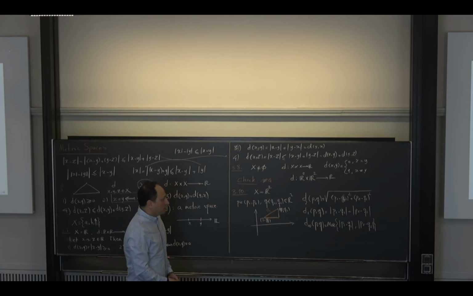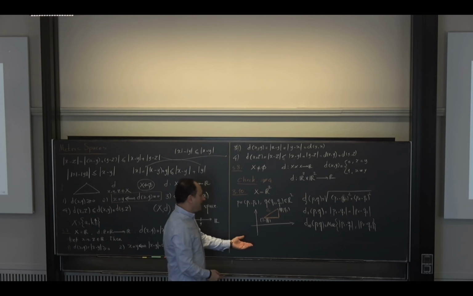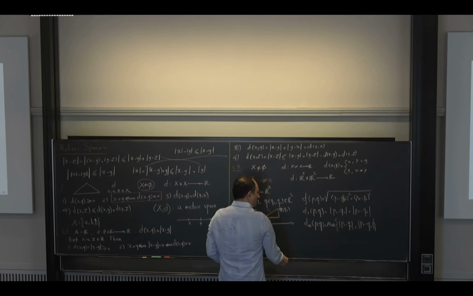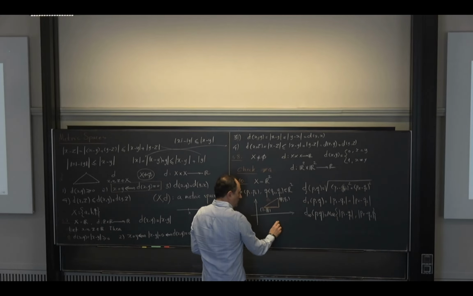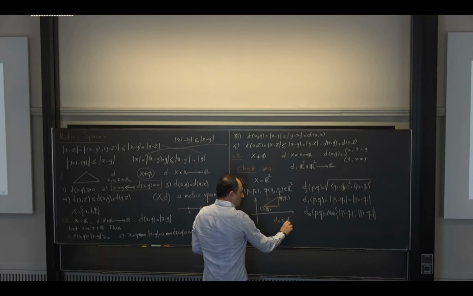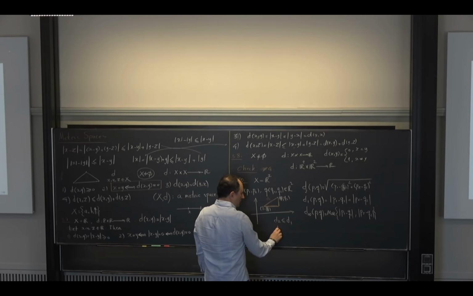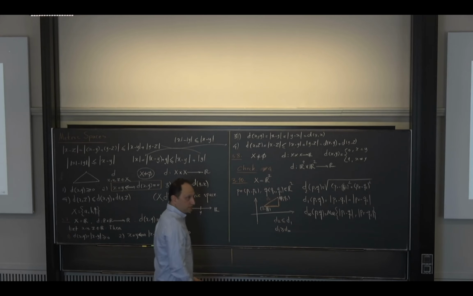So it is clear that D2 is less than or equal to D1, and D1 is greater than or equal to D infinity. Is that right?